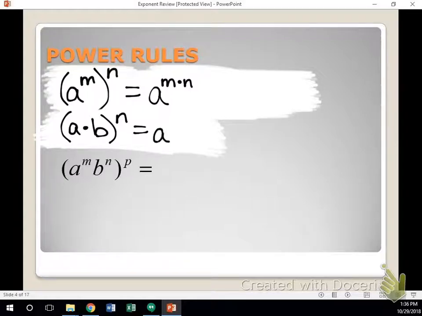So we would have a to the n power times b to the n power. The exponent outside the parentheses gets applied to each factor inside, being multiplied together. That is not the same as if we were to change this multiplication sign to an addition sign. It is not the same then. This is only if they're being multiplied like that.